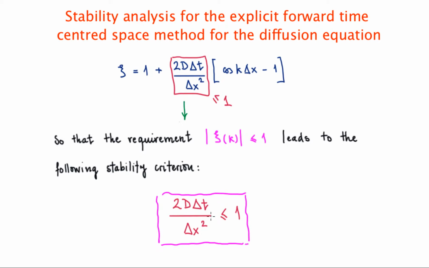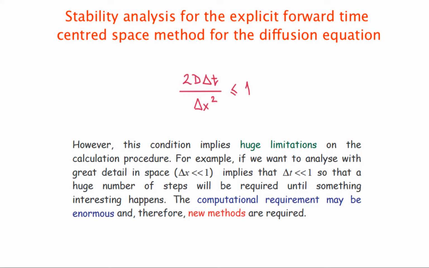It can be stable, but you have to play with both the time step and the space step in order for the method to be stable. But this stability criterion, this condition, actually implies huge limitations on the calculation procedure.